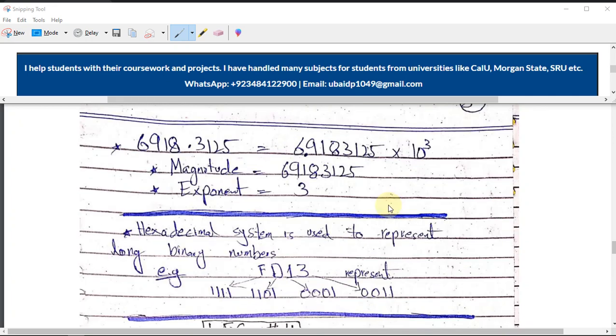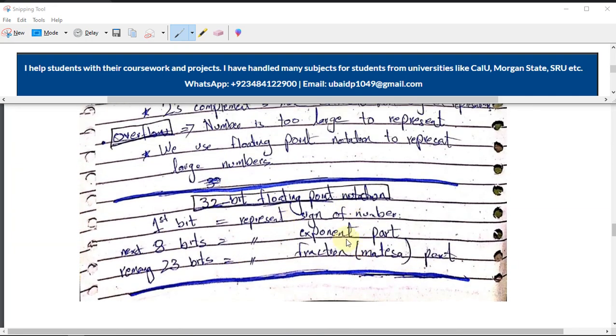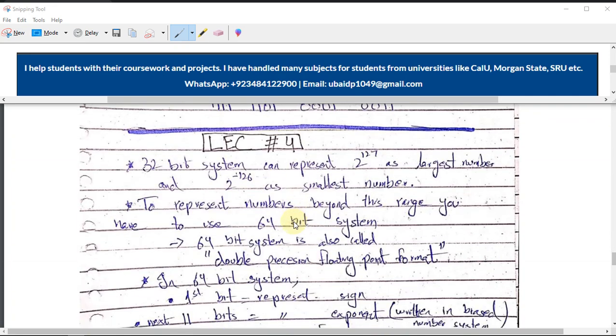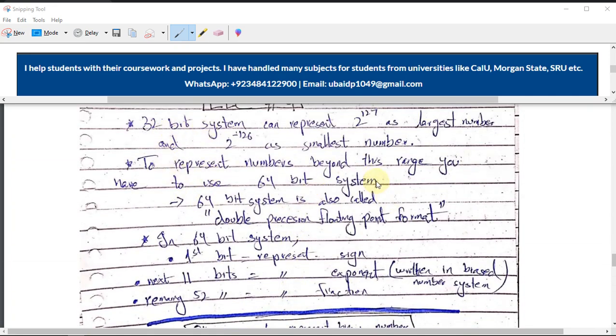So we have seen that 32-bit representation here, and if we want to store or deal with a number beyond this range, positive or negative, really big numbers, we have to use the 64-bit system, which is most of the modern systems nowadays, right?